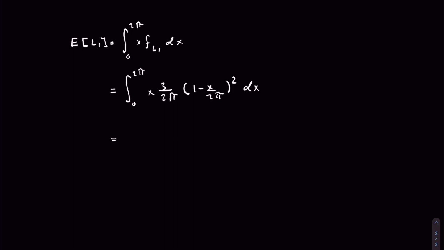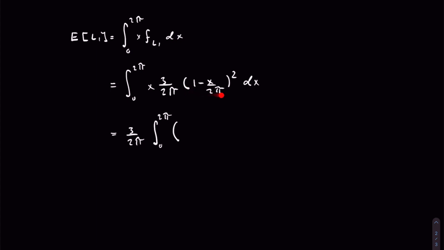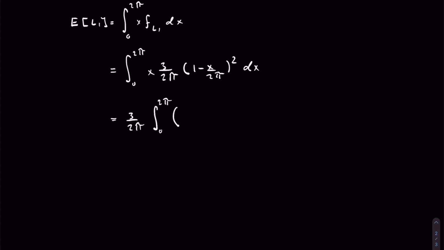So 3 over 2 pi. Let's calculate. We expand this term here. So that's 1 minus 2x over 2 pi plus x squared over 2 pi squared.